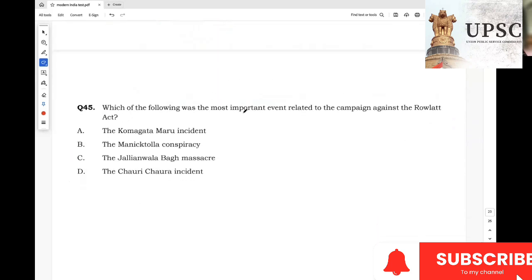Which of the following was the most important event related to the campaign against the Rowlatt Act? What happened? Obviously, right? Jallianwala Bagh.